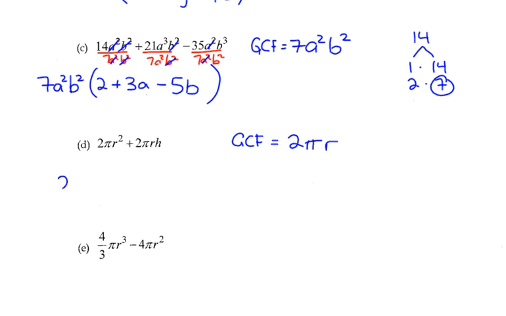So we're going to factor out 2 pi r. It's actually a formula for the surface area of a cone. No, cylinder. Divide both by 2 pi r, and we're left with kind of a cool formula. 2 is reduced to 1, pi is reduced to 1, so we just have r plus h. There you go.